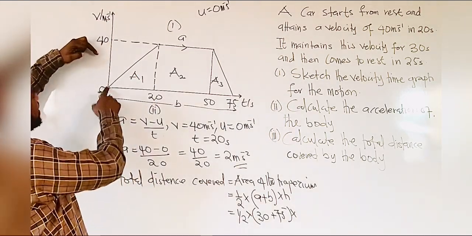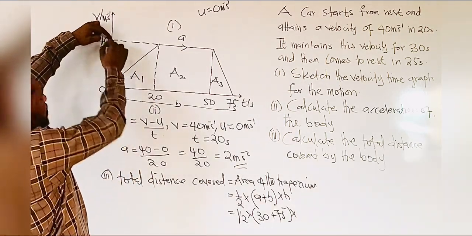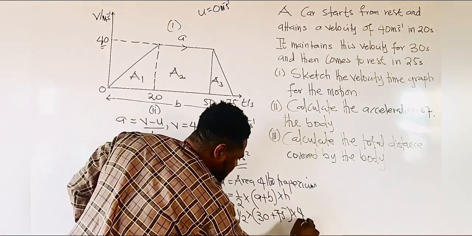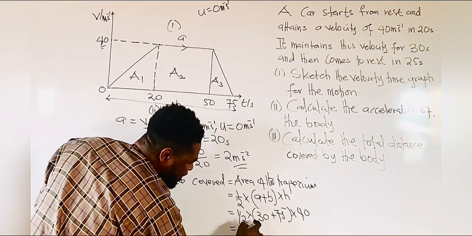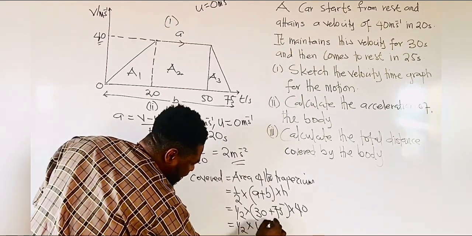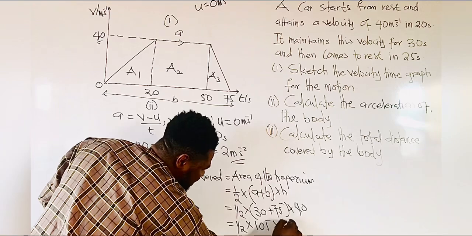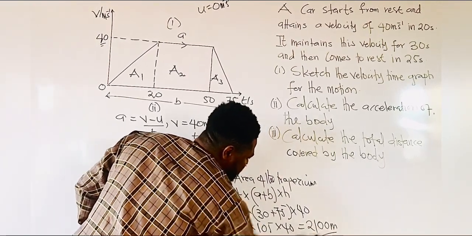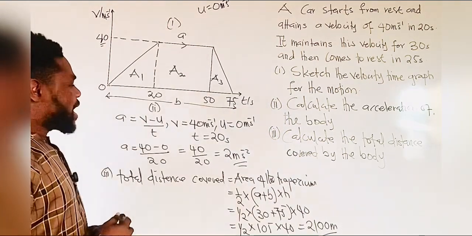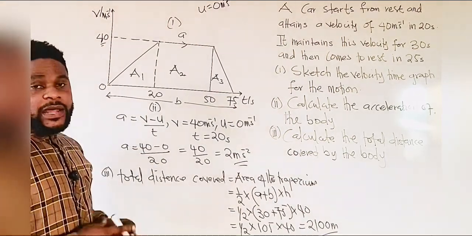That is from the origin to the top here, and we are going to get 40. Okay, nicely. So we proceed. As we add this, we have 105, times 40, which will give us 2100 meters. So this is how we can answer this question nicely. Thank you.